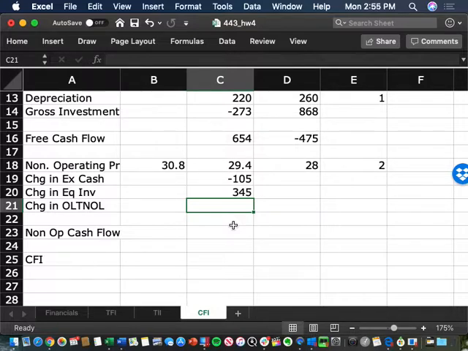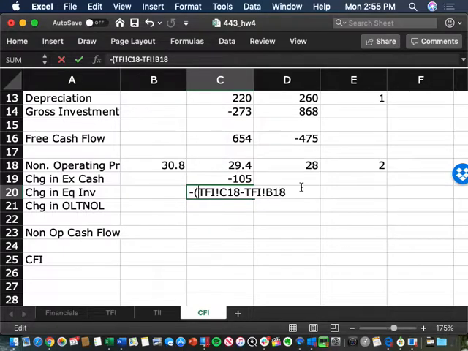Equity investment, positive or negative 345? What should it be? I bought a $345 million stake in another company. Does that add to the cash I can pay out or take away? Takes away. Minus 345.